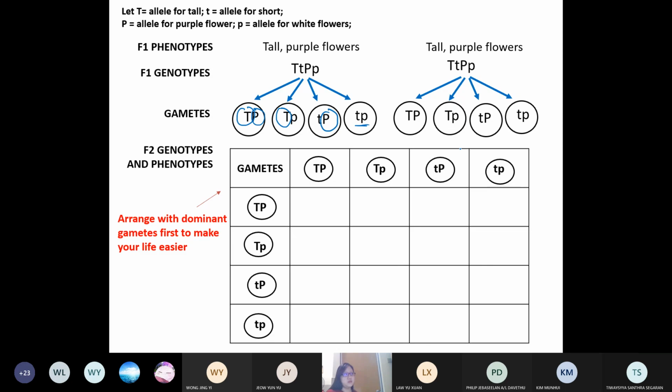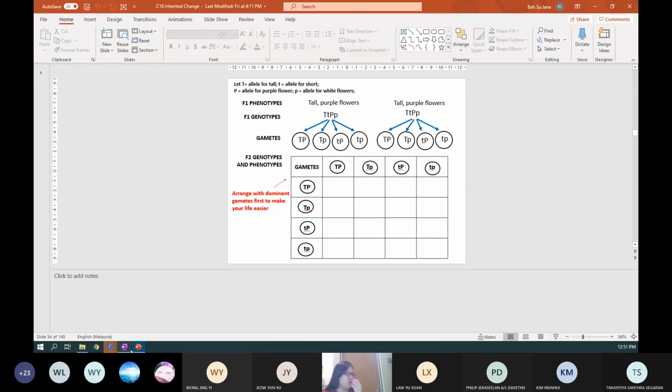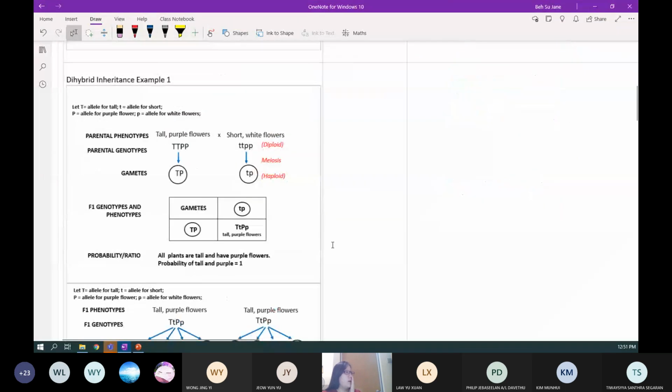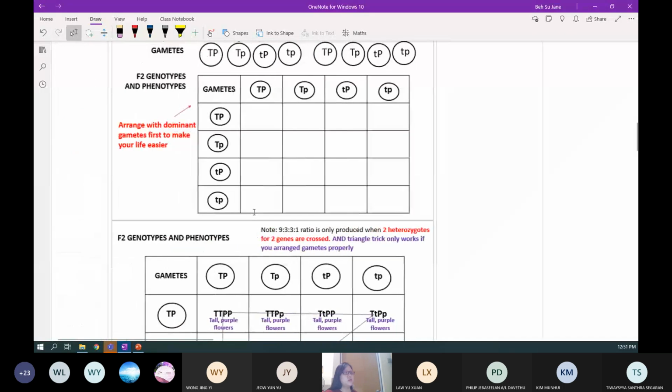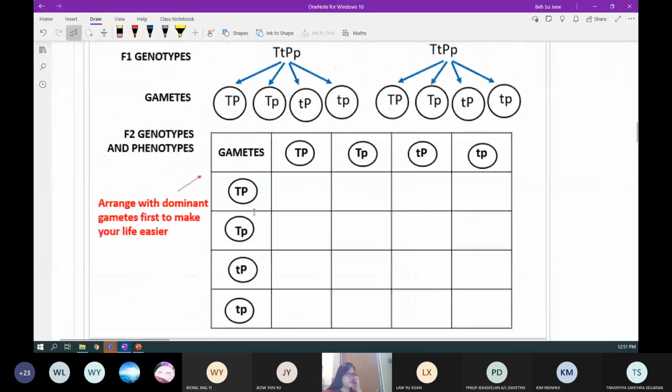Same for this, same in the Punnett square. So the most dominant one first. Get it? Must be in this order for the trick to work. Now I'm going to draw the tricks in the OneNote so you can keep it as notes or refer to it later on.